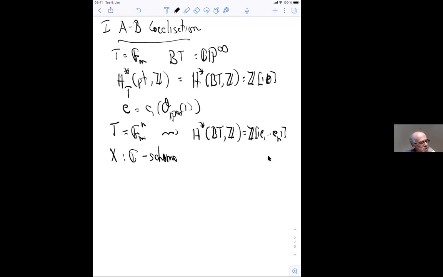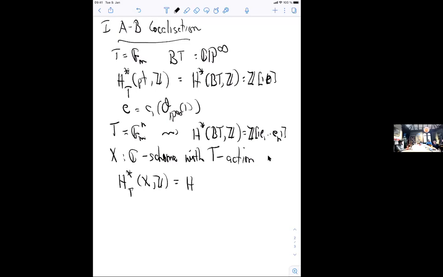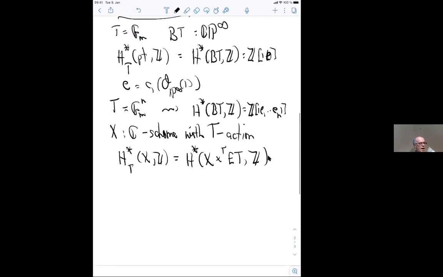For X a C-scheme with T action, we use the Borel construction for the equivariant cohomology. So what's ET? This is the algebraic version of the Borel construction.